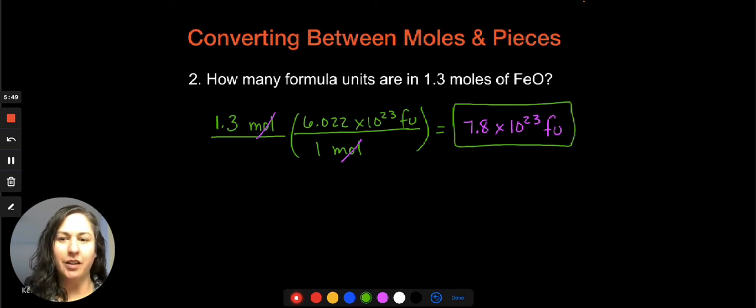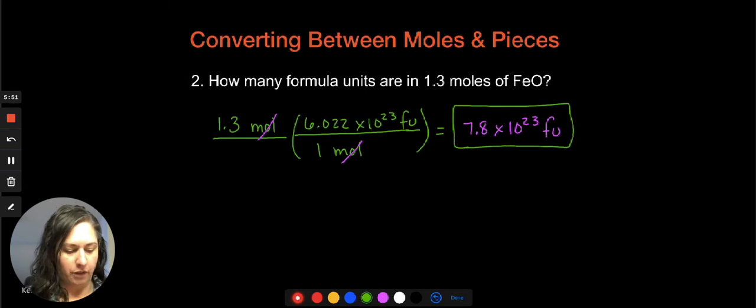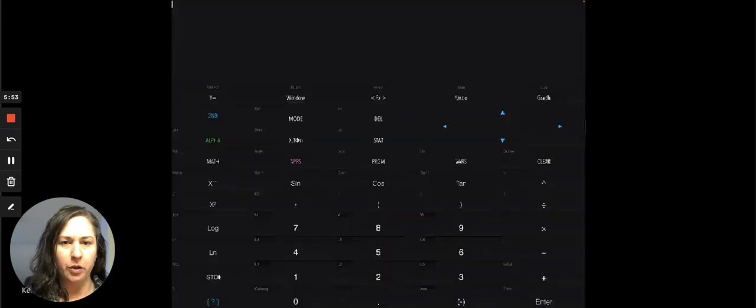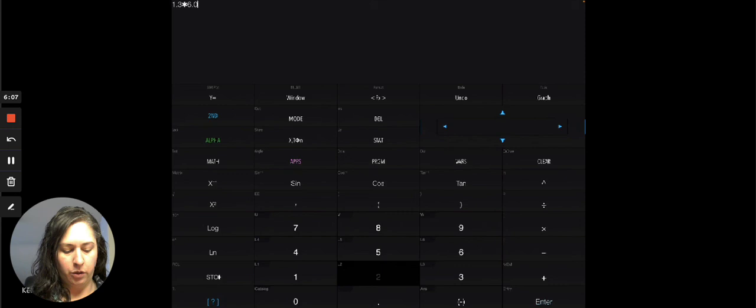I can go ahead and show you the calculator function on that one. When I go to put these in, I enter 1.3, and then I multiply times 6.022. I always like to use that EE button, so if you have that, use it. I hit the second button on my calculator, then the EE button, which is above the 7, for the 23rd.